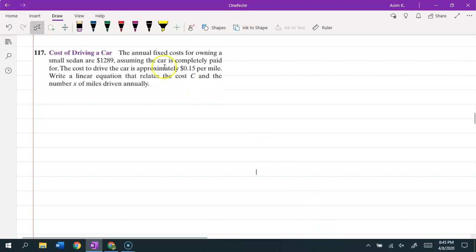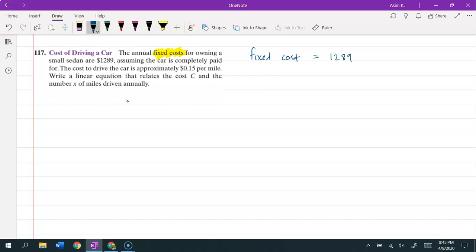It says the annual fixed costs for owning a small sedan are $1,289. So what you want to do is highlight where it says fixed costs, right? And so the fixed cost is equal to $1,289.